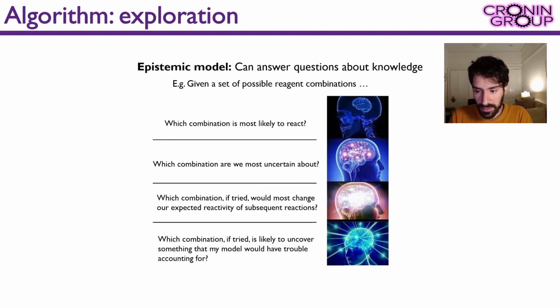Or you can even go further and say which one of these potential reactions, if we tried it, would change our expectations about the other untried reactions or other mysterious reactions. Or even further, which one of these is most likely to challenge my model or to stretch the model to its limits. So these are things that we like to ask, and we've found ways to interrogate the chain to find answers to these questions.